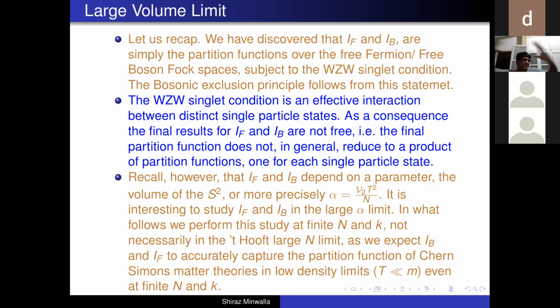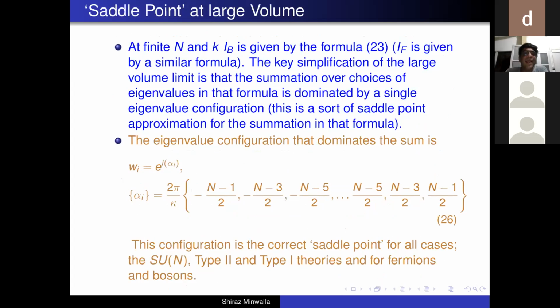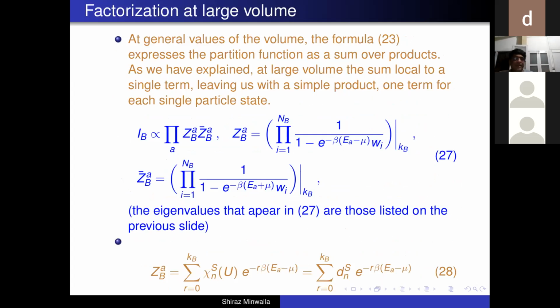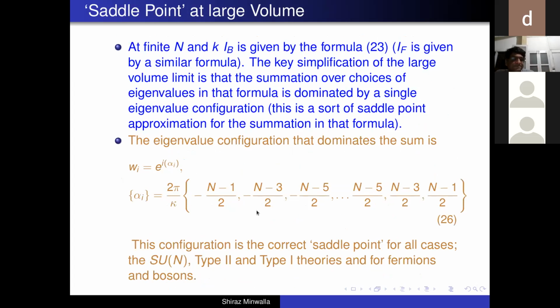So we've got this extremely large S2. In this limit, independent of whether n is large (of course these formulas themselves are only valid at large n for the matter Chern states, but for the formulas for the number of singlets, just the Wess-Zumino-Witten formulas, independent of whether n is large or not), it becomes dominated by a saddle point, controlled by the largeness of the volume.